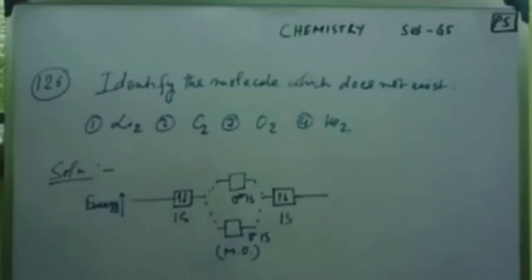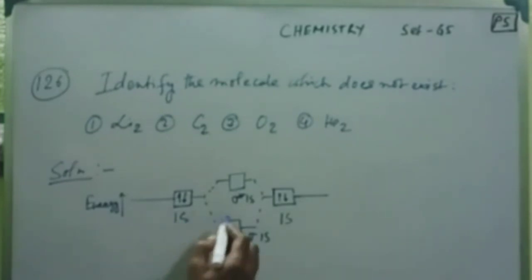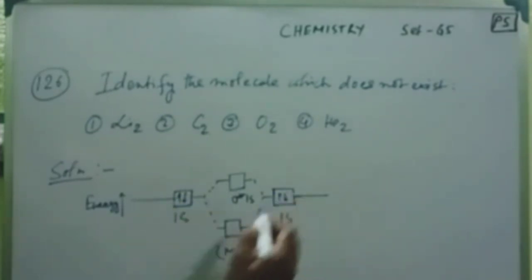Question number 126. Identify a molecule which does not exist. Option number 1 Li2, option number 2 C2, option number 3 O2 and option number 4 He2. If you draw the molecular orbital diagram of He2, you will find this is 1s orbital, 2 electrons, 1s orbital, 2 electrons.